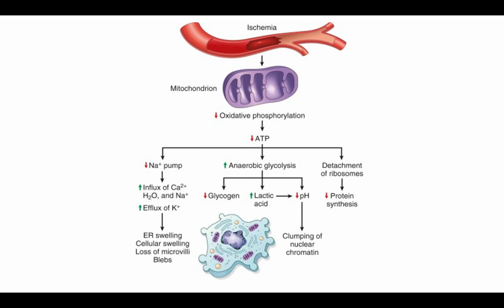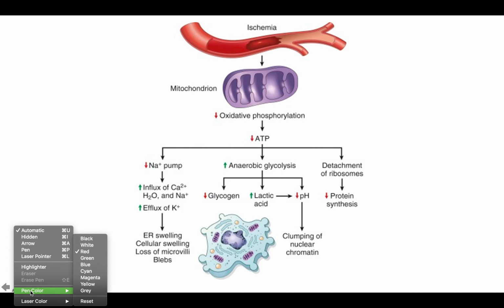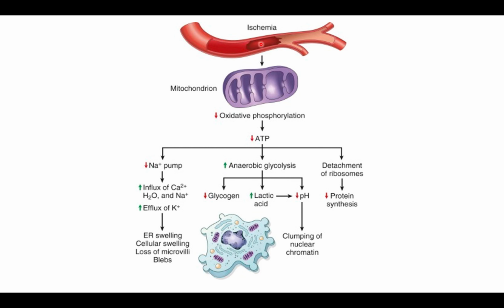This is a nice summary chart from the book, from Robbins. Let's use the laser pointer. Here, if we have a clot that blocks this blood vessel, that's going to block blood flow to whatever tissues and cells are over here. The mitochondria within those cells are going to be impacted.